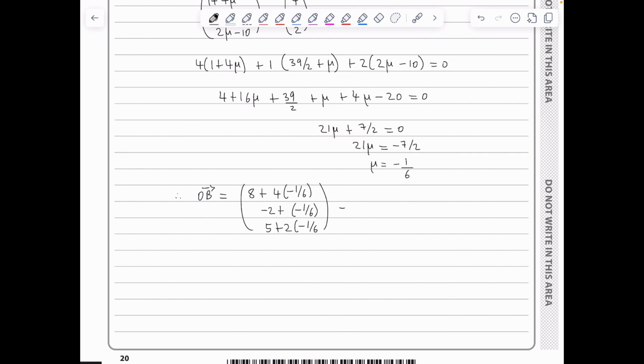All of this simplifies to (22/3, -13/6, 14/3). And since we are told for the coordinates of B, we need to write this in coordinate form. This is the position vector of point B. So my final answer should be that B has coordinates (22/3, -13/6, 14/3).